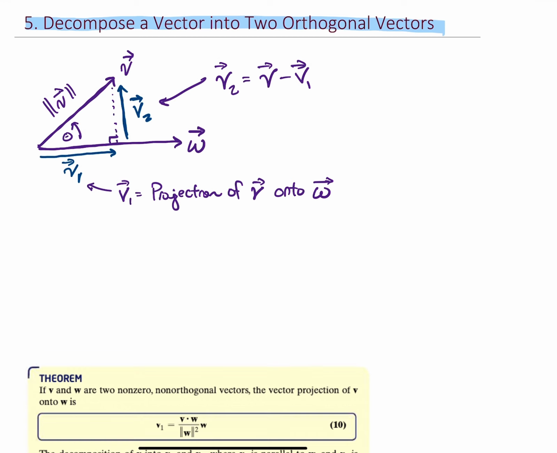So you can imagine the cosine of this angle. This is the angle between the two vectors. But just looking at this as a triangle, it would be the adjacent side length, which we can describe as the magnitude of v1, divided by the hypotenuse of the triangle, which is the magnitude of v.